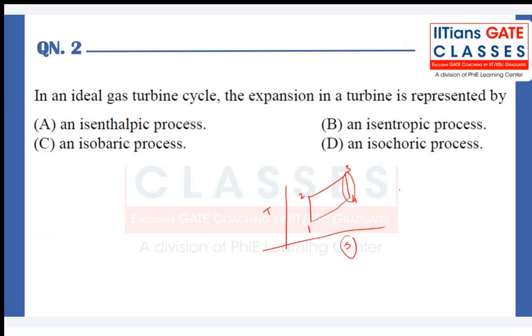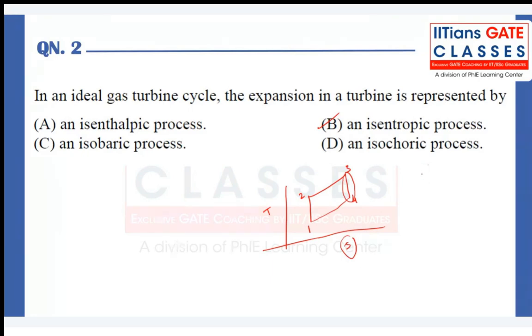So this is a relatively easier option to pick, but as this question is asked, I want to bring in some concepts related to this process in a TS diagram. In an actual cycle, we really don't see an isentropic expansion, but still we assume it to be an adiabatic expansion.